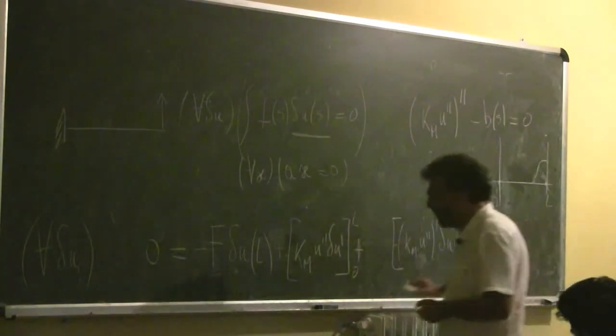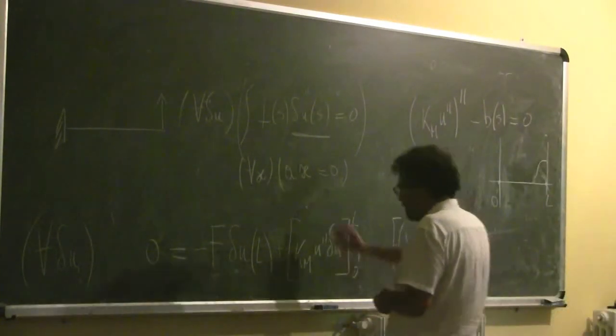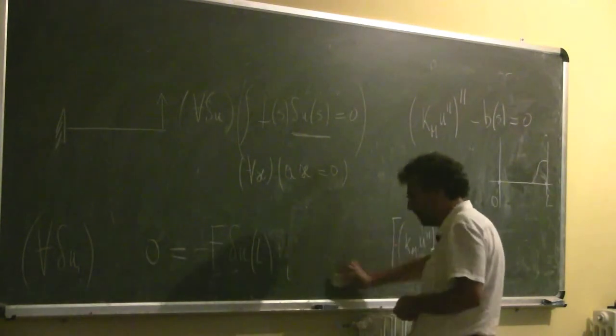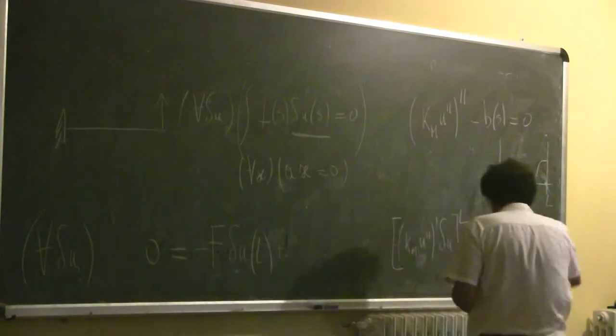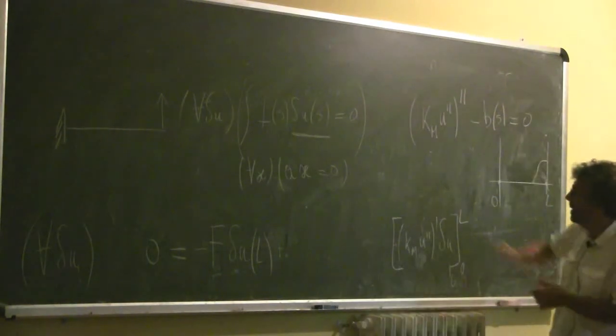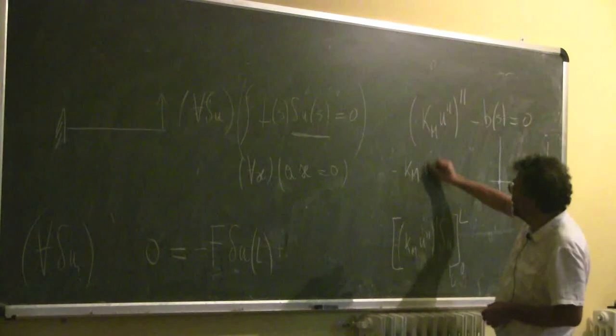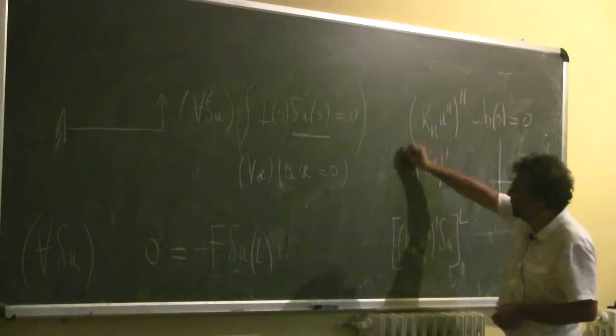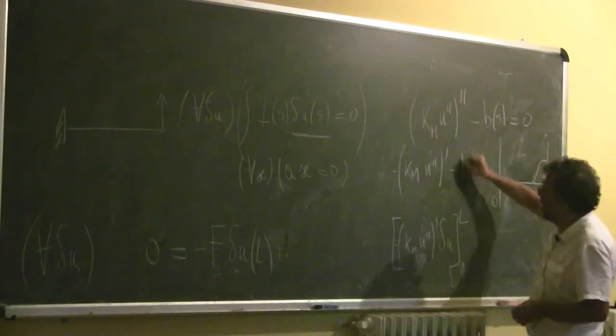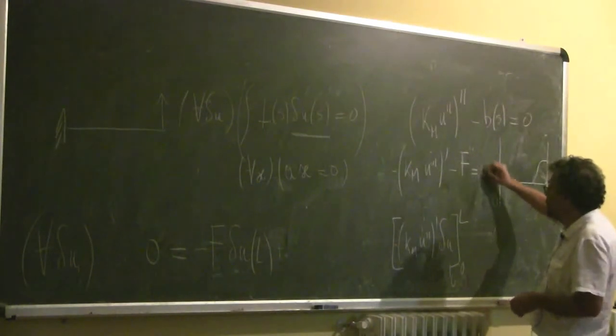In this way, you get rid of this, and you get that Km u second first minus F is equal to 0.